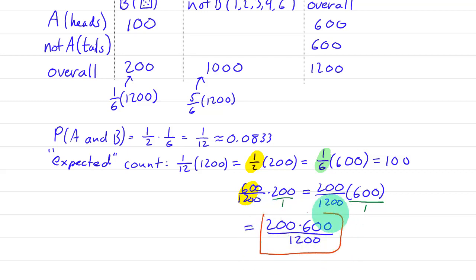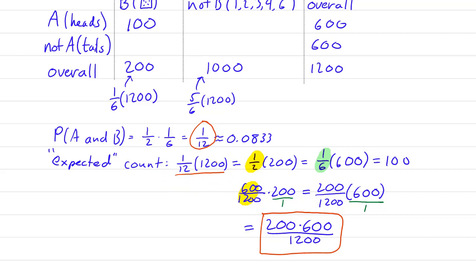And this is the formula that they cover in the book. What I'm trying to say is that that's the same thing as if you do the probability of A and B, and you multiply that by the total count. So, likewise, we can do this with the rest of them.